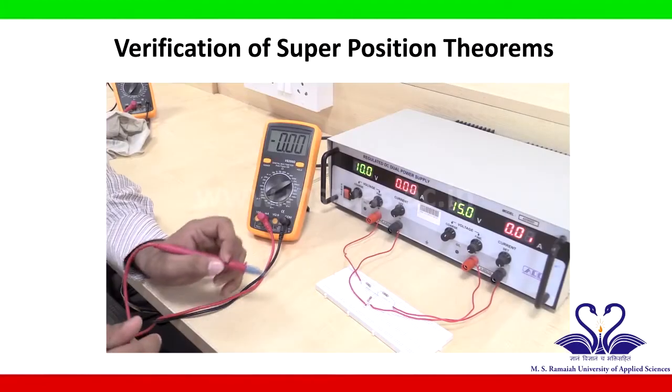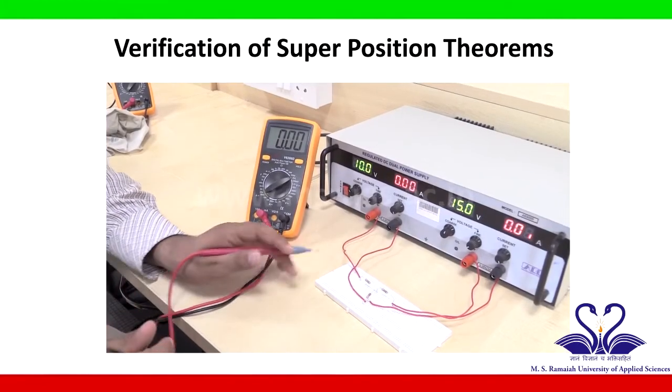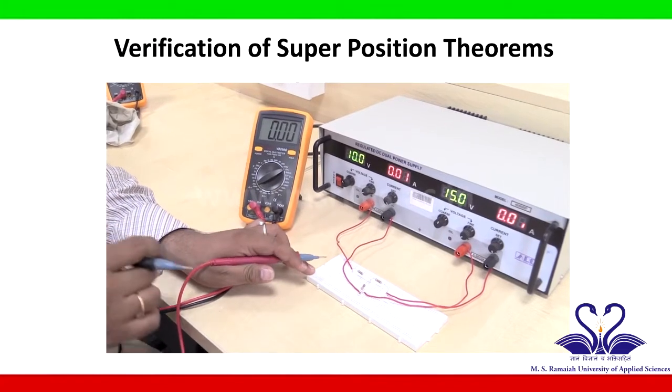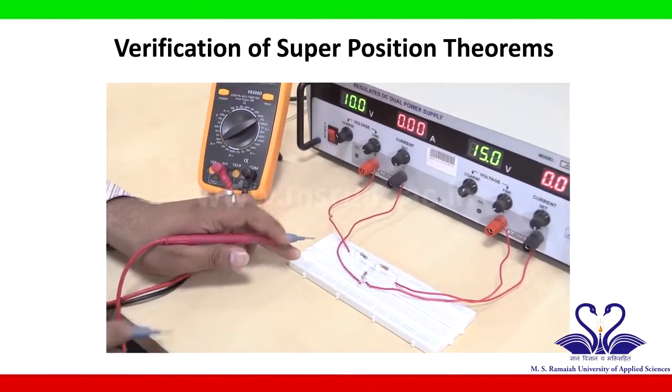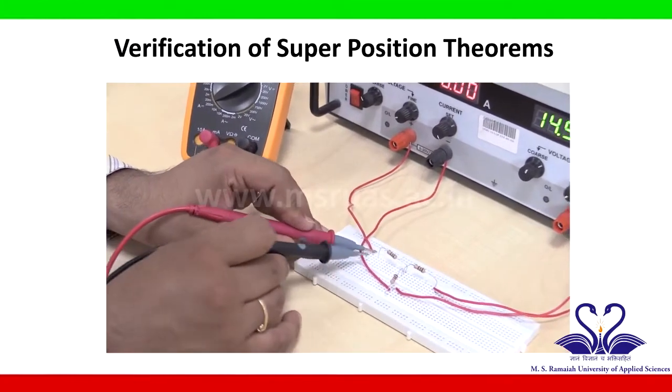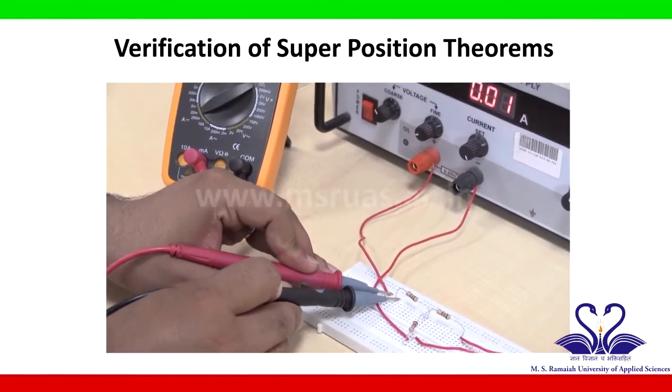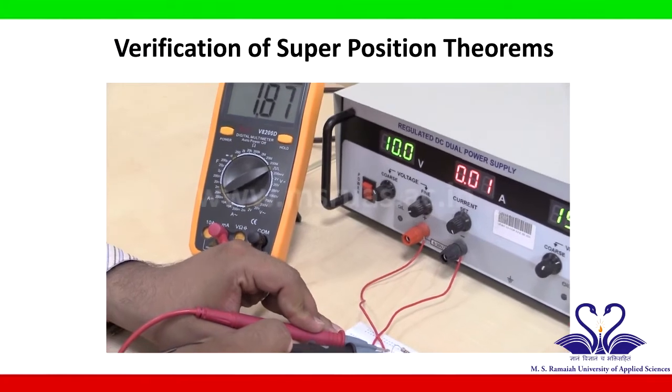Now let us start measuring the current flowing through all the resistors. Let us measure the current flowing through resistor R1. The value of I1 is 1.87 milliamps.